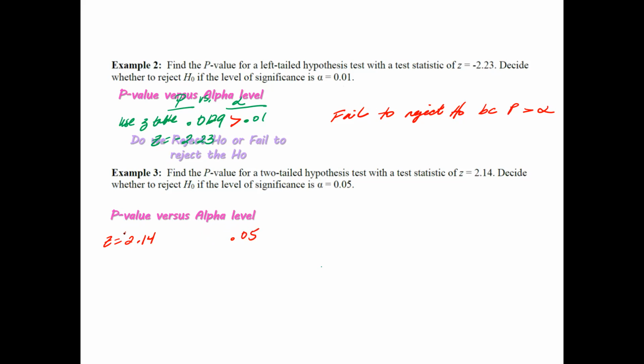I'm going to look at the table to see what my score is, and then I'm going to take that score and multiply it by 2. Remember, that's one of the conditions, because it's a two-tail test, because here are the two tails. And because there are 2 of them, you will have to multiply by 2. So let's take a look at that then.